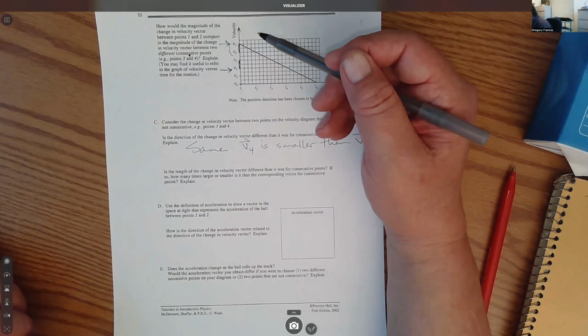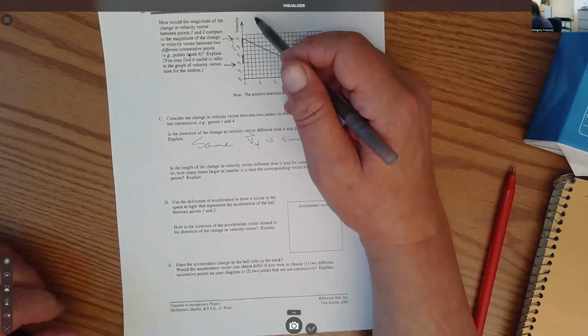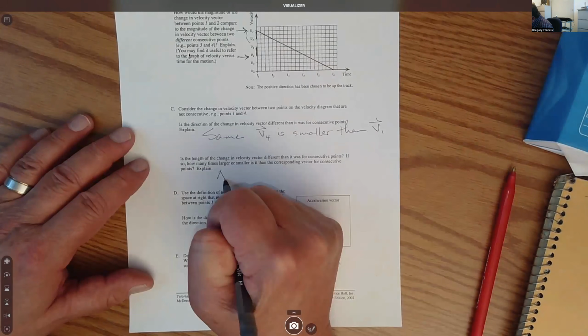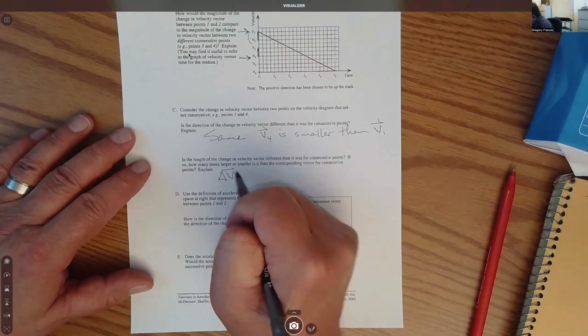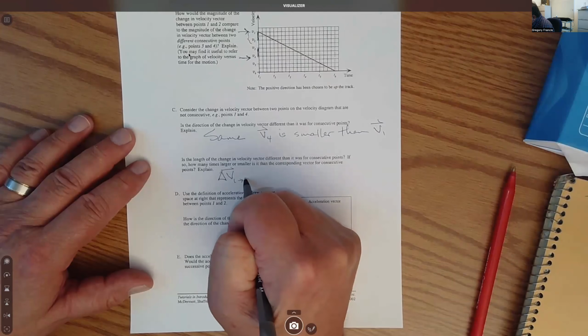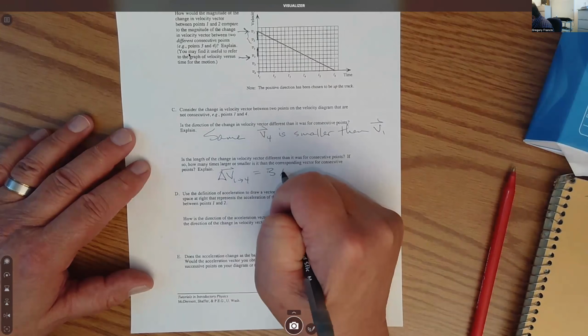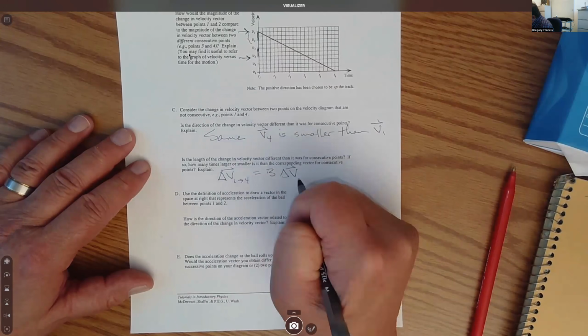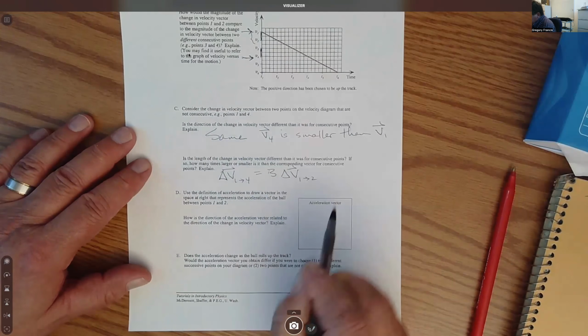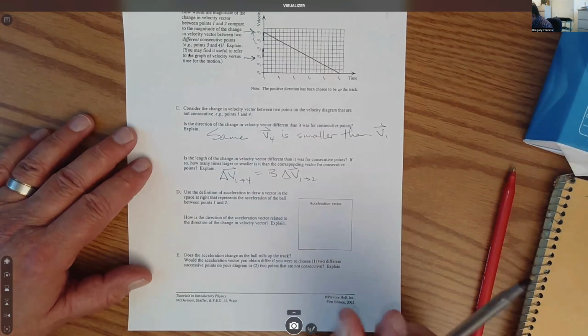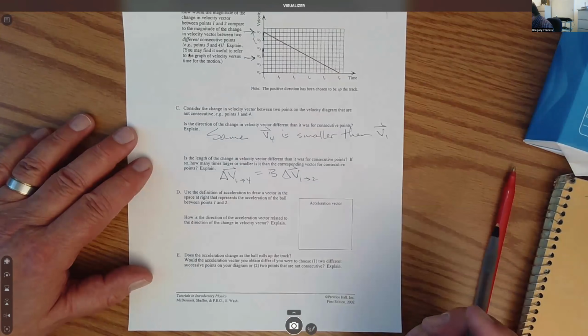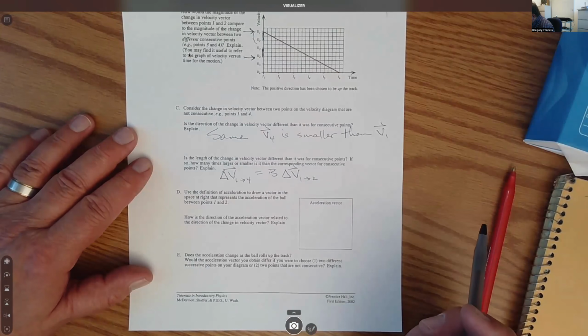So the change in velocity vector from 1 to 4 is going to be 3 times the change in velocity vector from 1 to 2, because from 1 to 2, I only have 1 time interval, and from 1 to 4, I have 3 time intervals.